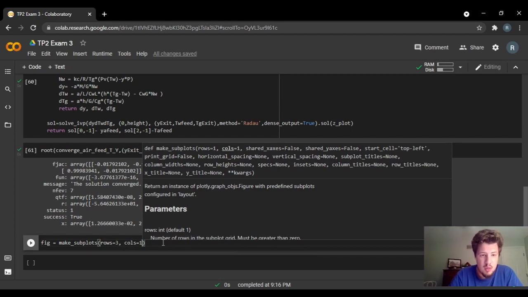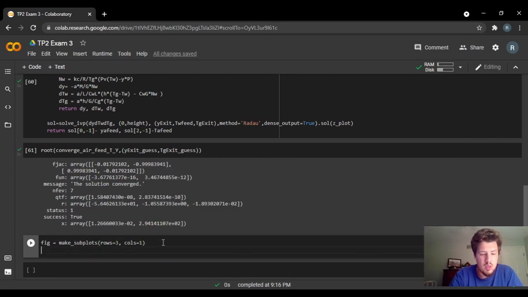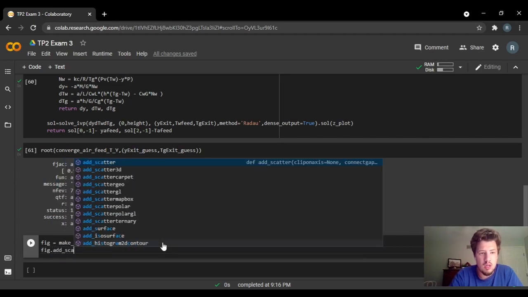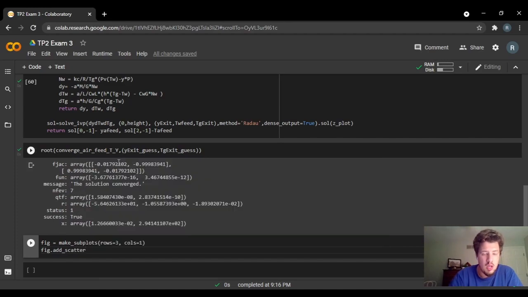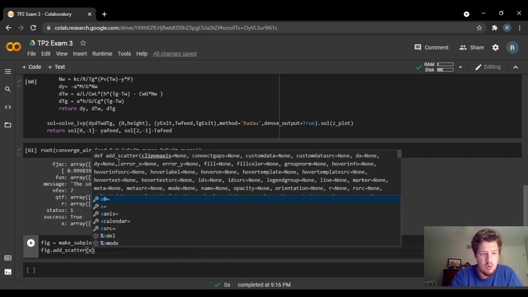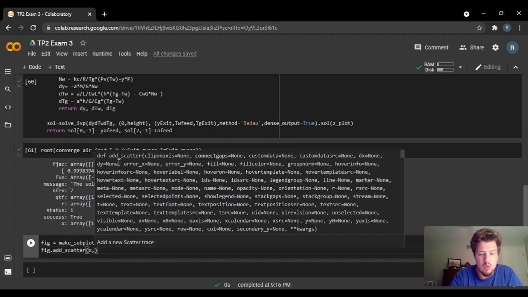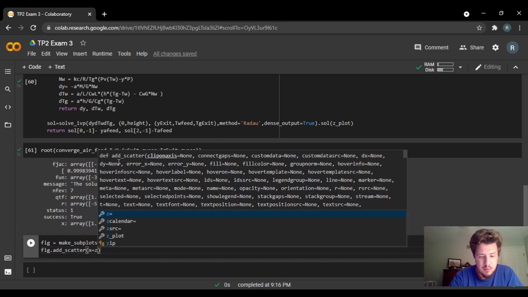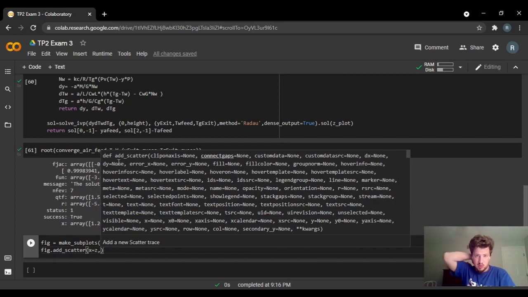Now we want to make 3 separate graphs. So we're going to do fig dot add underscore scatter. Now our x value will be equal to our z value, our z plot, sorry.